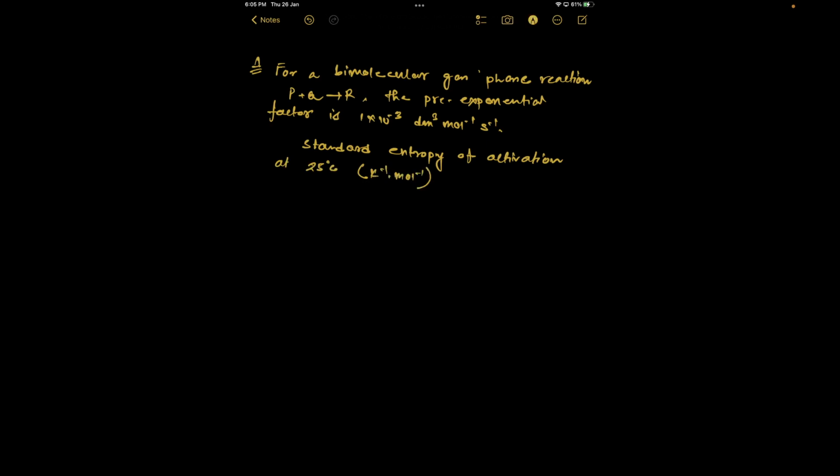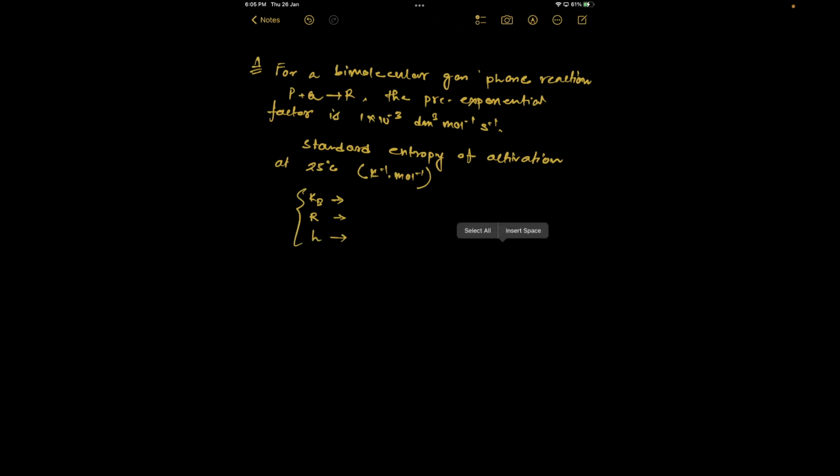Here the standard concentration is given, which is 1 mole per liter. The Planck constant is given, and the universal gas constant, which is capital R, and the Boltzmann constant Kb and the Planck constant H are also given. These three quantities are given.